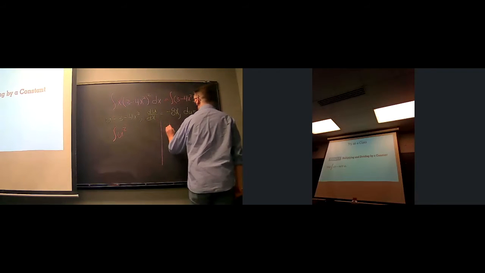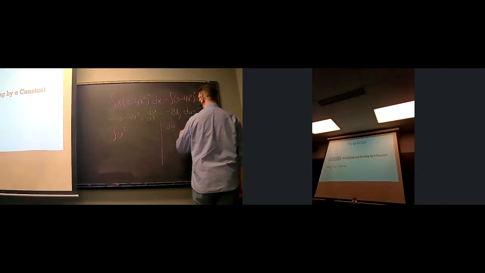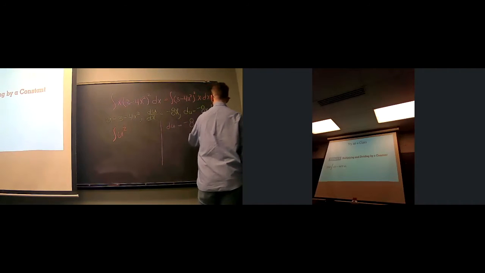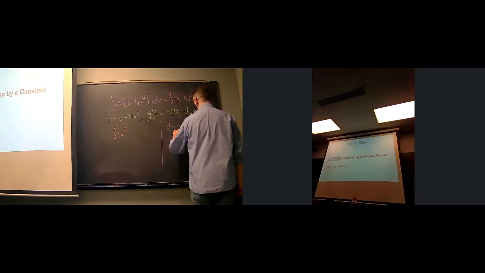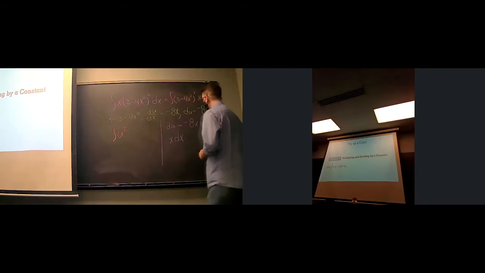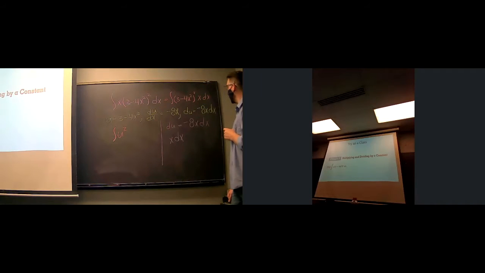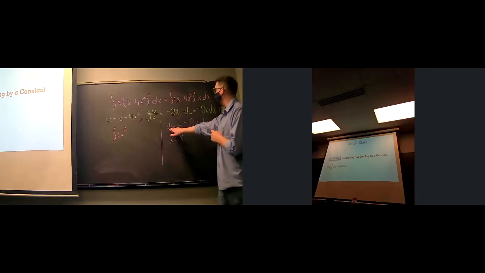We're trying to find du. What we have though is x dx, right? So how does this compare to du? This is du times negative 1 over 8, right?